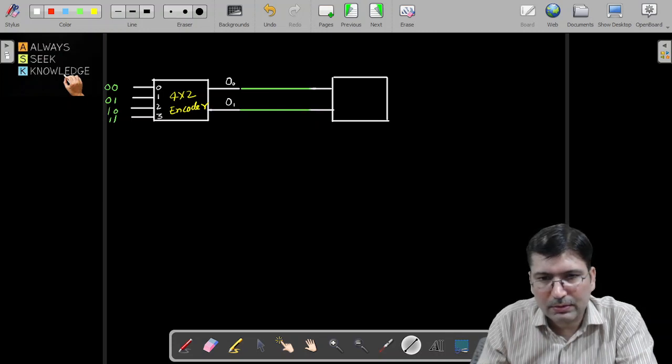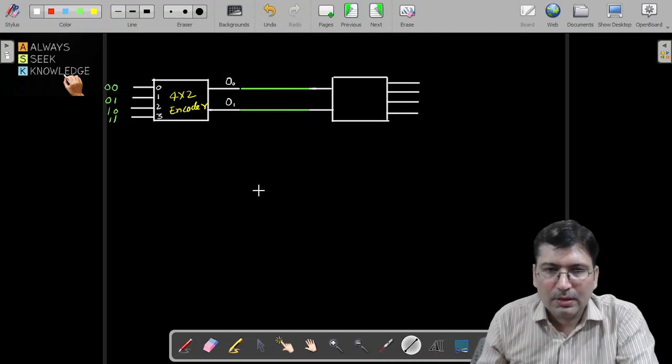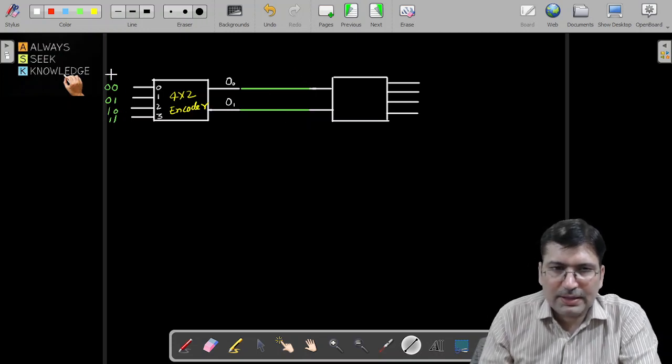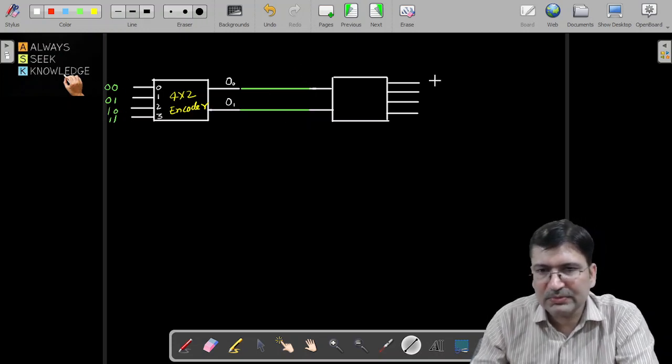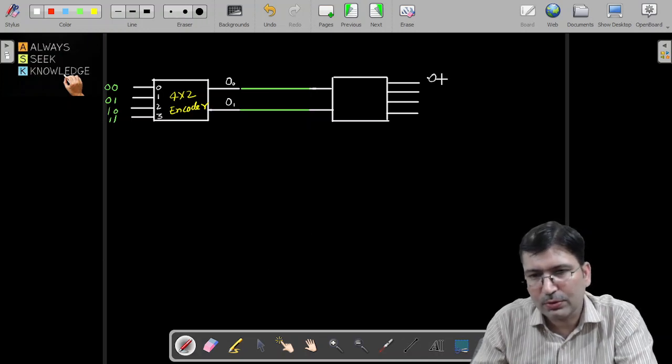This is connected to the decoder like this. There are 4 output lines, so let's say O0, 1, 2 and 3, output 0, output 1, output 2 and output 3.